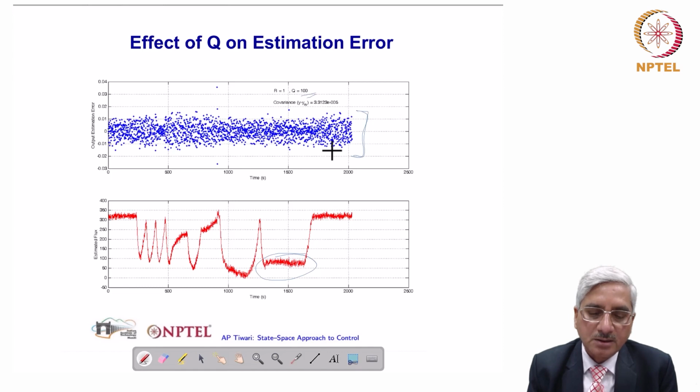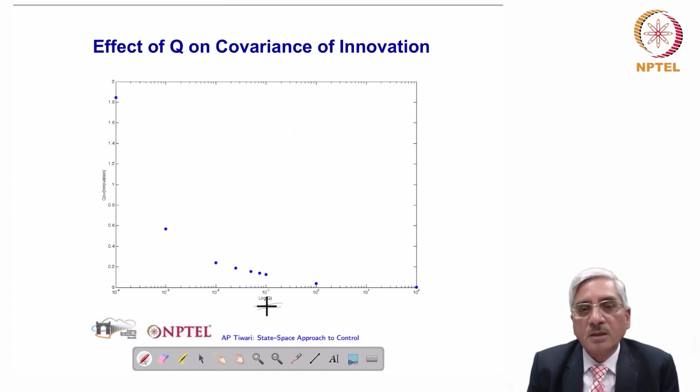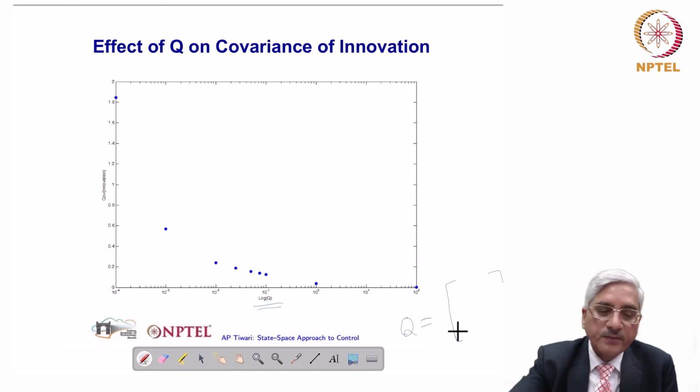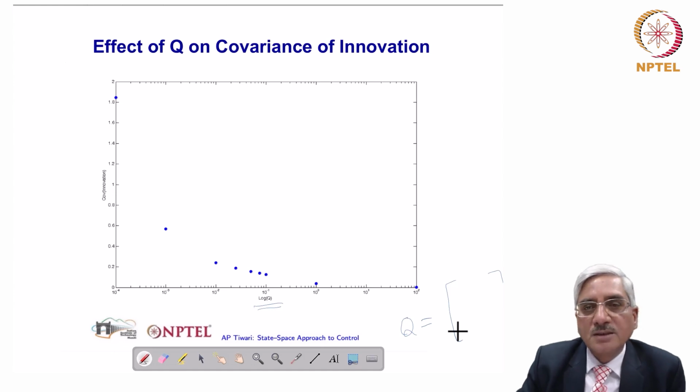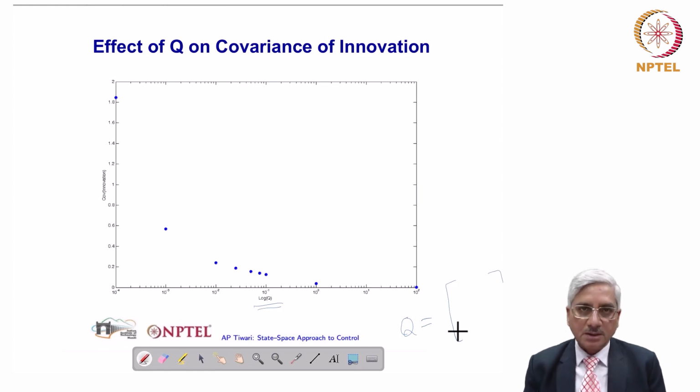Only one particular set is shown here in which R is 1 and Q is varied from 10 to the power minus 6 up to 100. And all these are plotted with respect to log Q. I should mention that Q here is a matrix. There were 4 states: 2 characterizing the reactor, 1 characterizing the Vanadium SPND, and 1 random walk model for the reactivity.